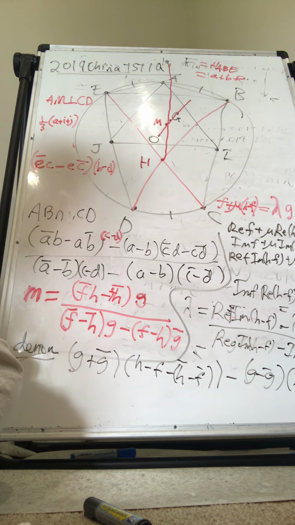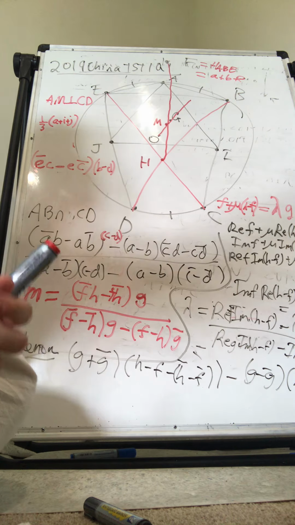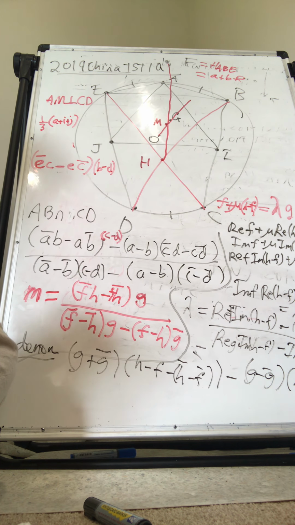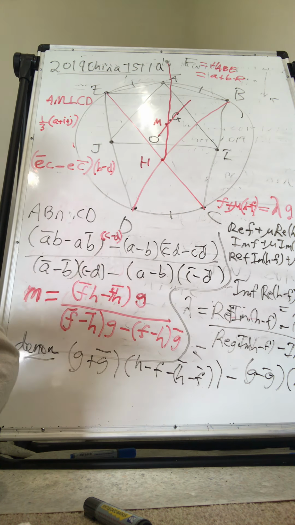Did I write this down somewhere? I must have written this down somewhere. Maybe I can just cut to the chase and then you can tell me if it's right, yeah?